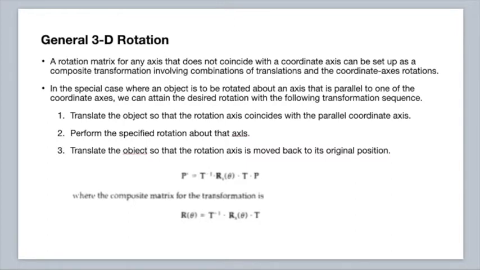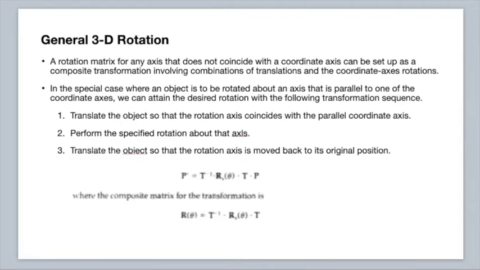Z-axis rotation was for the object with an axis that coincides with the z-axis. Similarly for the x-axis and y-axis.